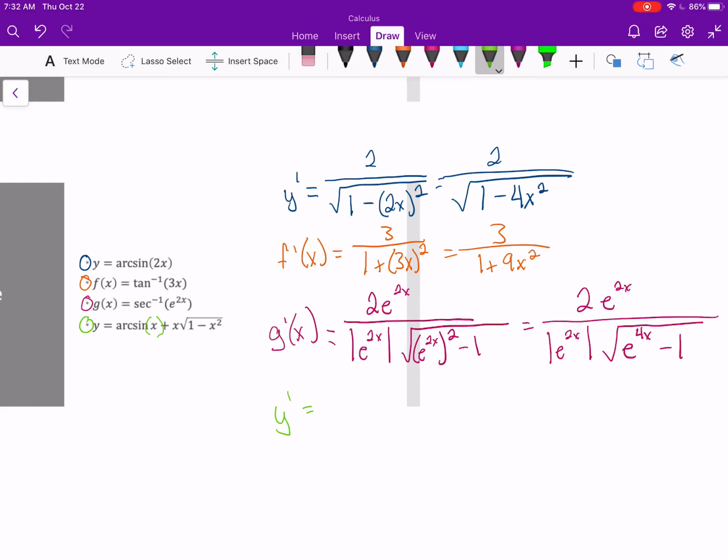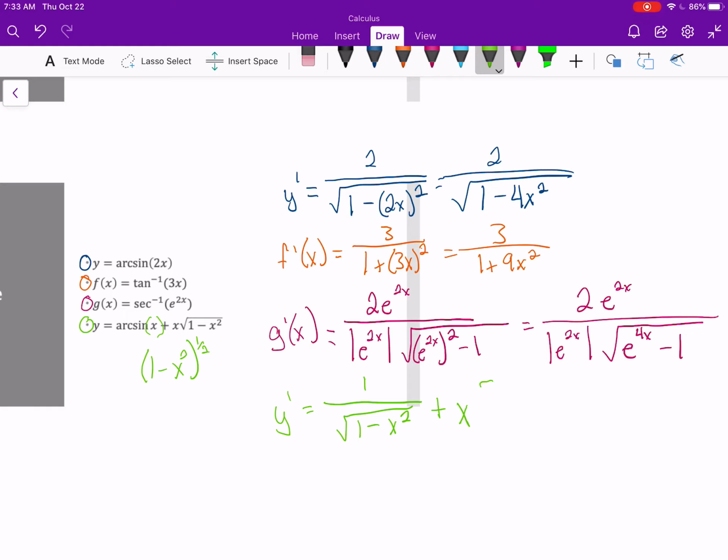So arcsine, u prime in this case, so the derivative of x is 1 over the square root of 1 minus x squared. And then plus, remember we have to do the product rule here. So 1, and remember the square root of 1 minus x squared is 1 minus x squared to the 1/2.